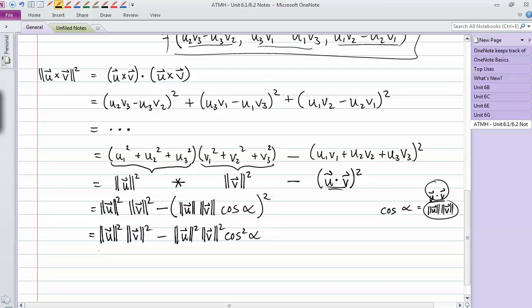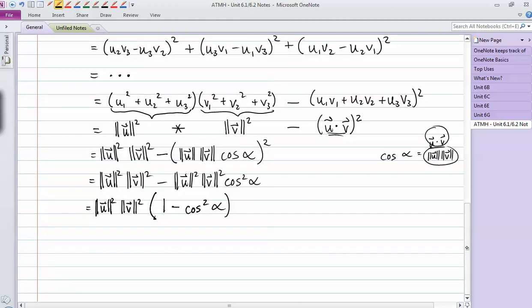Let's factor out a magnitude u squared magnitude v squared. I think that'll make this a little easier. So if I factor that out, I'm left with 1 minus cos squared alpha. And you might remember sine squared plus cos squared is 1, always, of the same angle. So this guy right here is the same as sine squared alpha.